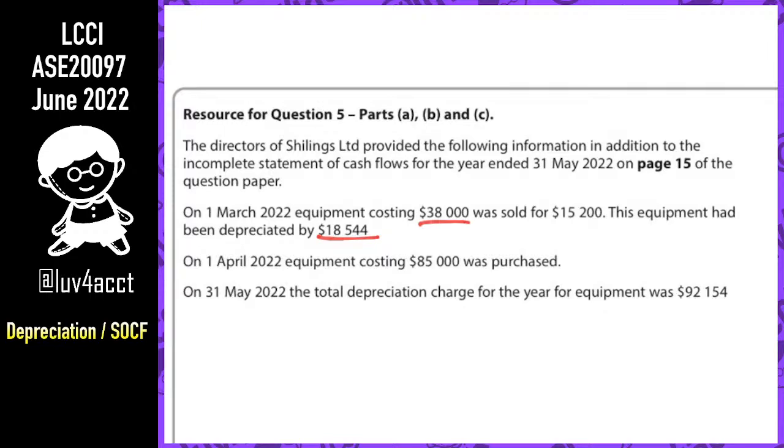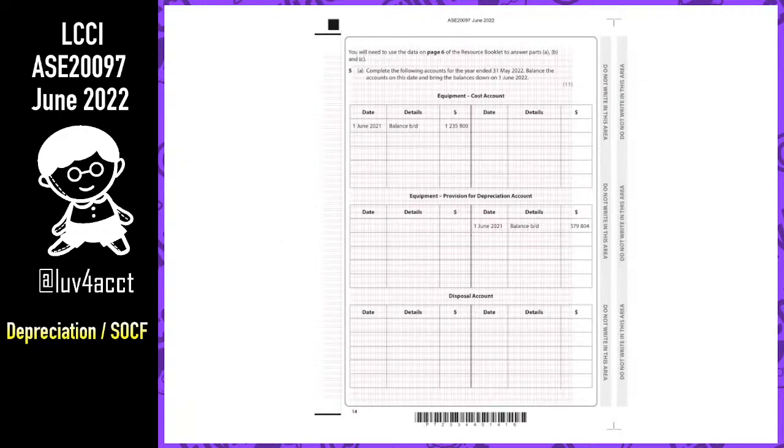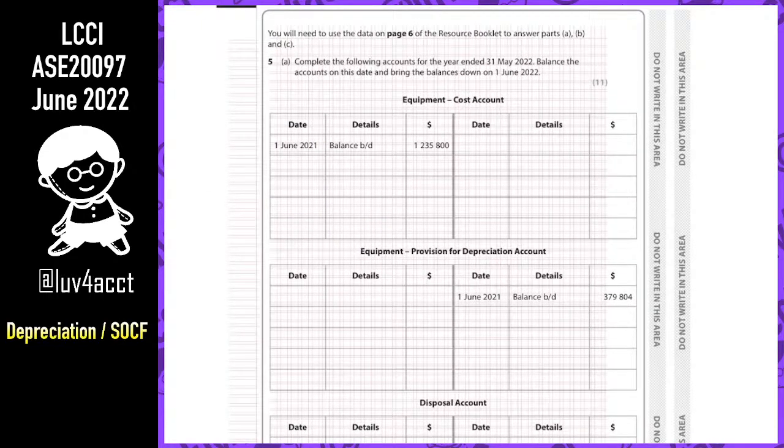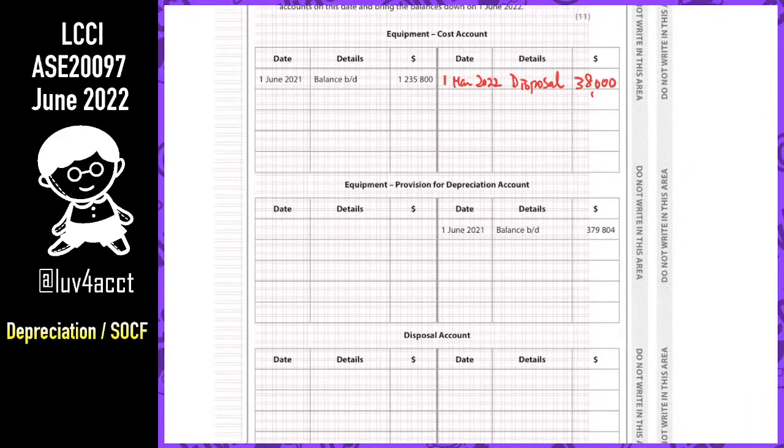So first, when? 1st of March, year 2022, you have the disposal. So this part we have to be careful. I mean the description. Remember we have to look at the exact wordings in the account.